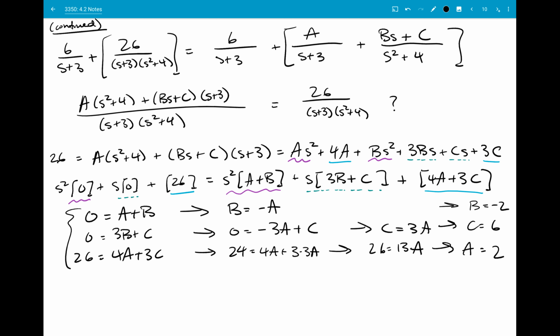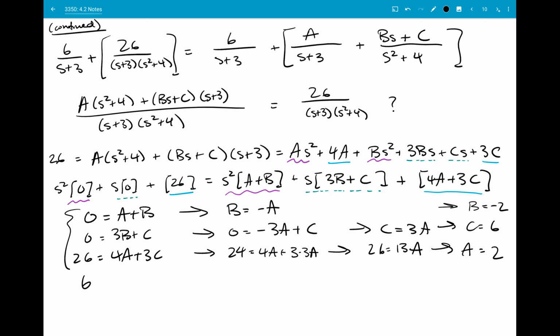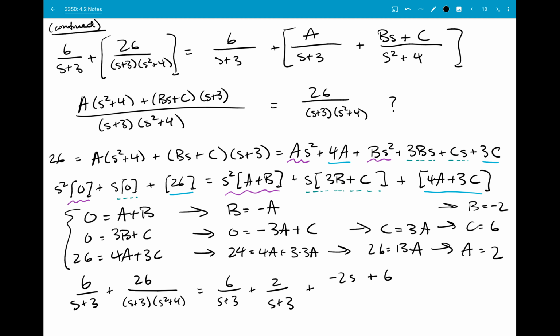And so our 6 over s plus 3 plus 26 over s plus 3 times s squared plus 4 would be equal to 6 over s plus 3 plus a over s plus 3, which was 2 over s plus 3, plus bs plus c, so minus 2s plus 6 over s squared plus 4.